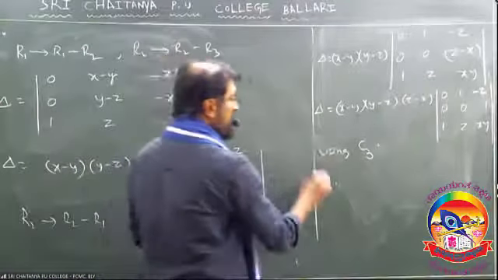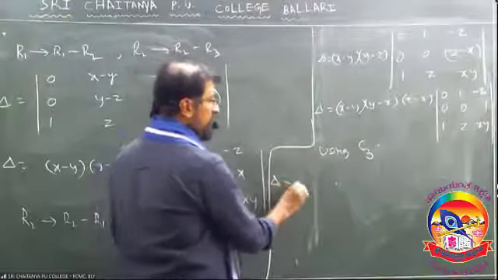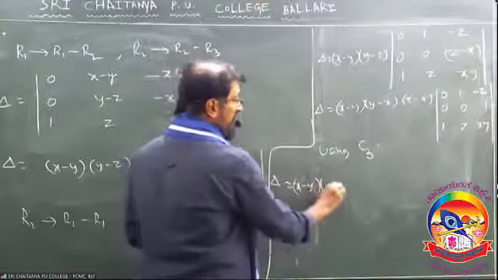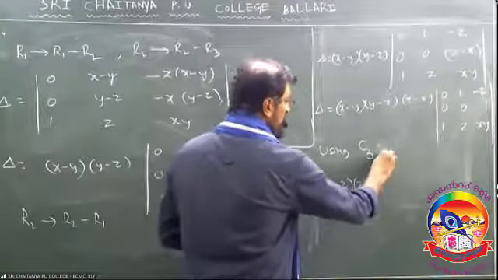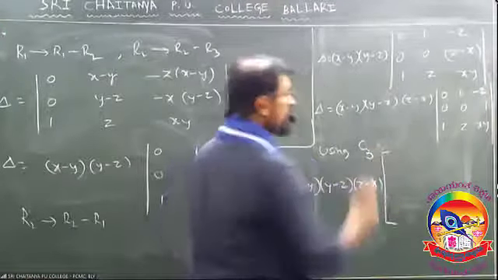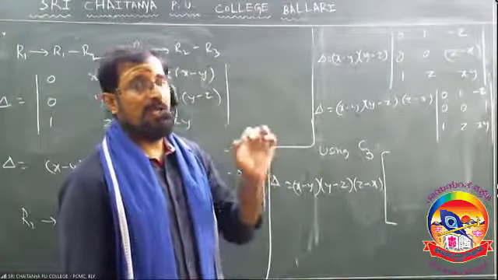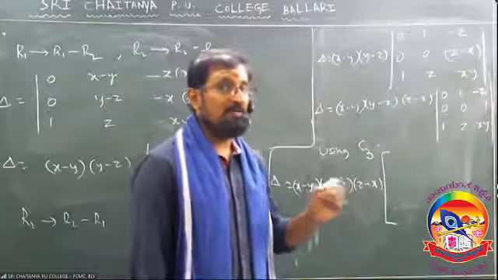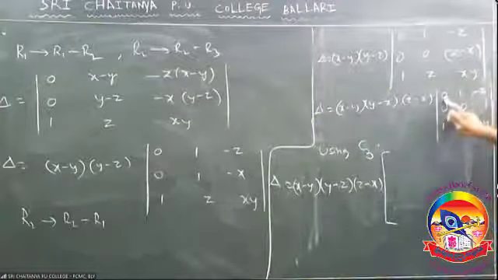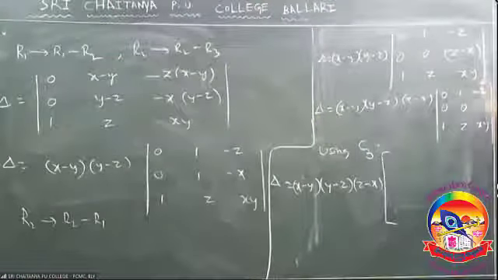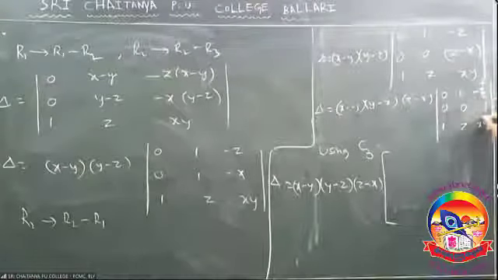Delta is equal to x minus y, y minus z, z minus x as it is, okay, into delta, into, we are taking the elements of column 3 by using sign. Okay, what is the sign? Observe here, positive, negative, positive.